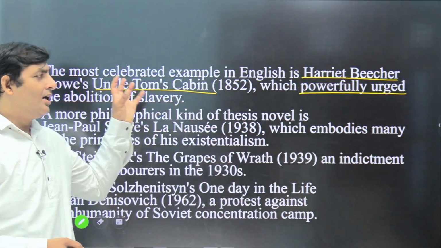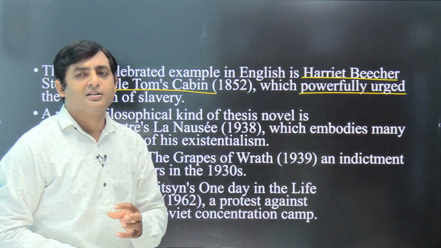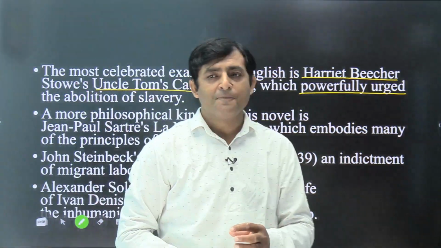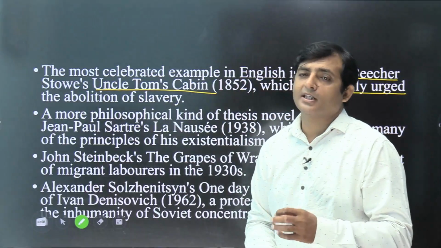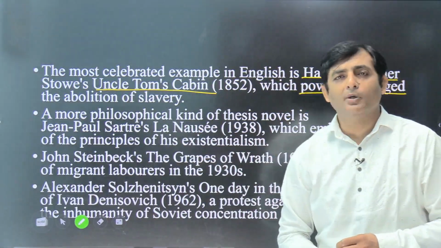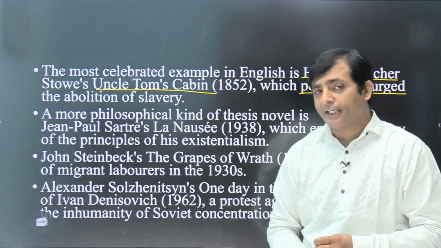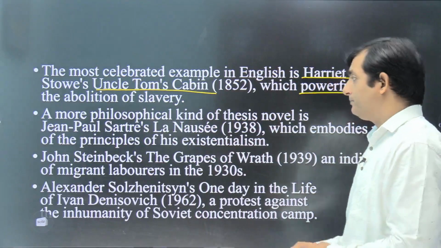The novel discusses the problem of slaves and discusses the problems of slavery. Right? Uncle Tom's Cabin. Who was the novelist? Novelist was Harriet Beecher Stowe, and this is a very important question for your UGC NET exam.